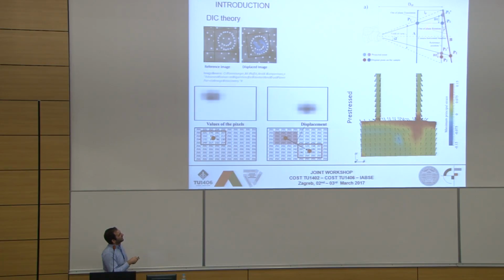Those are the inclination toward the camera and the movement toward the camera. And this is an example of the penetration of the steel wire into a concrete beam. So you can see the movement of the wire inside the beam and how it creates different strains.